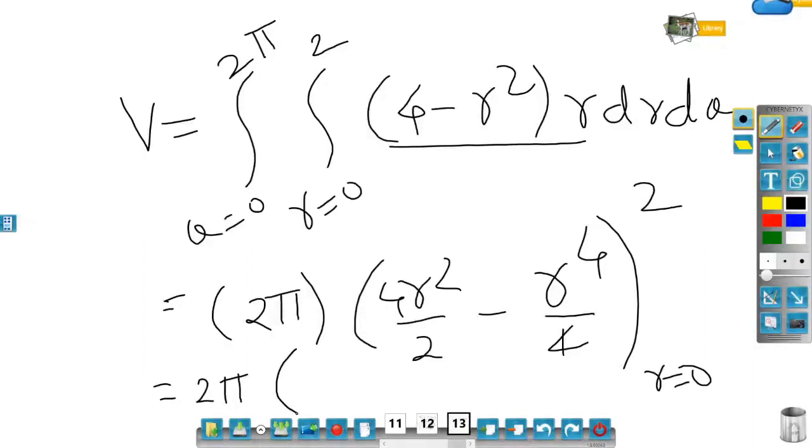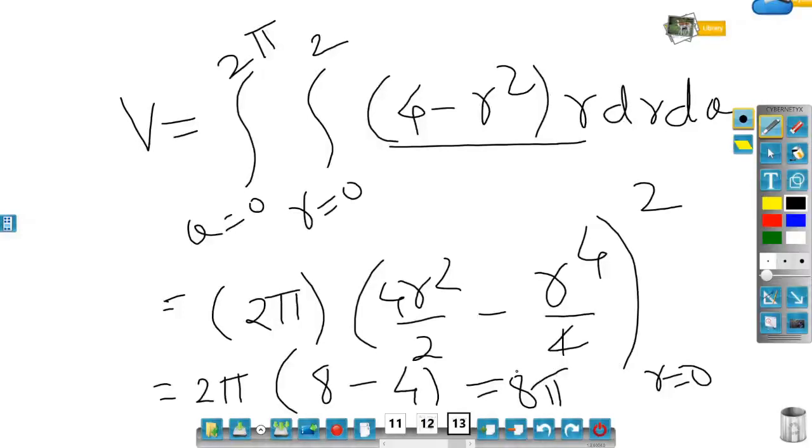So when I substitute r is equal to 2, what I will get is 4 times 16 by 2, 8, minus r raised to 4, 16 by 4, it is 4. r equal to 0 will not contribute anything, so this is 4, so the answer is 8 pi.